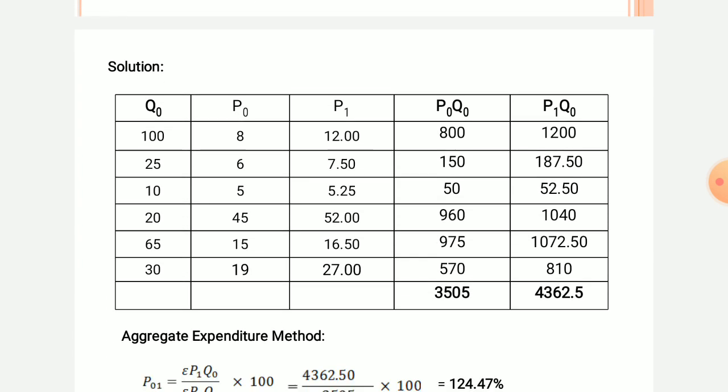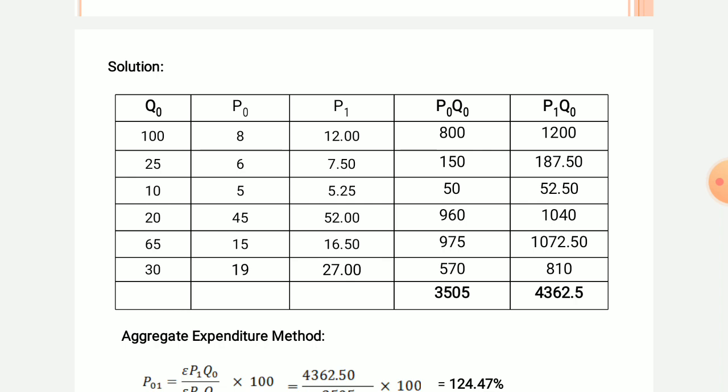Now Q0 means base year quantity, P0 base year price, and P1 current year price are given. So with the given data we can calculate P0Q0 and P1Q0 before substituting the values in that formula.